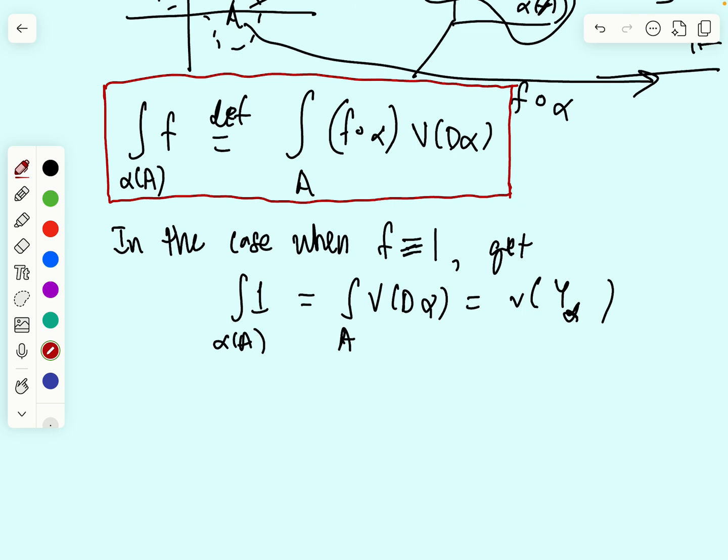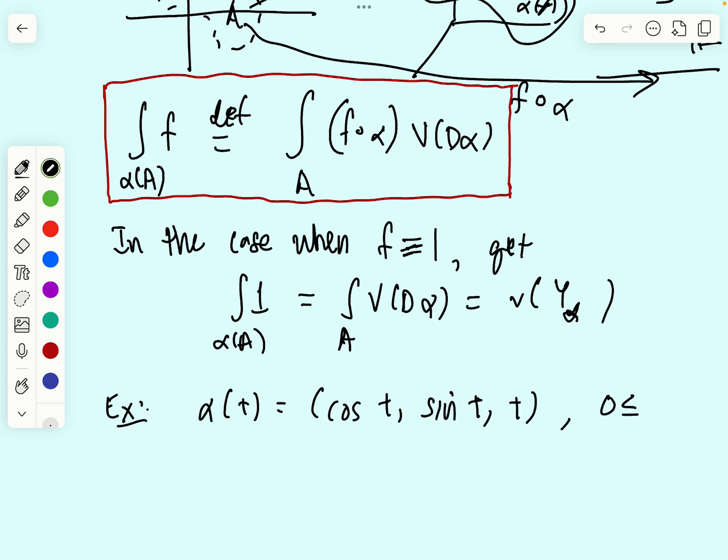Let's do an example. Let's go back to the example with the helix. So you get alpha of t is cosine t, sine t, t, where t goes from 0 to 2 pi.